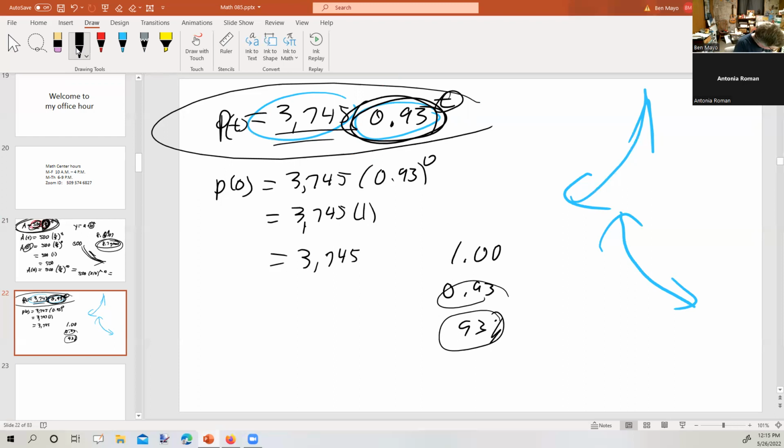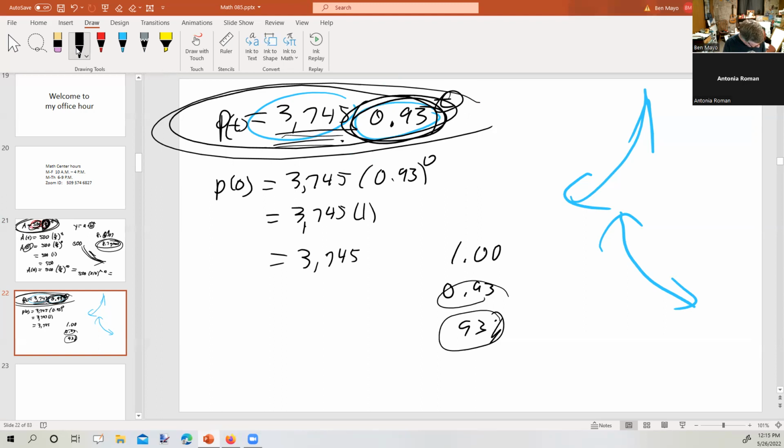Now let's read the problem. It says population growth. The population of North Rivers is decreasing exponentially according to this formula, where T is measured in years from the present date. So the population at the present date would be 3,745, and it's losing as time goes on.